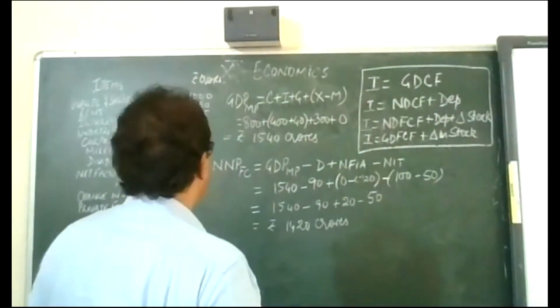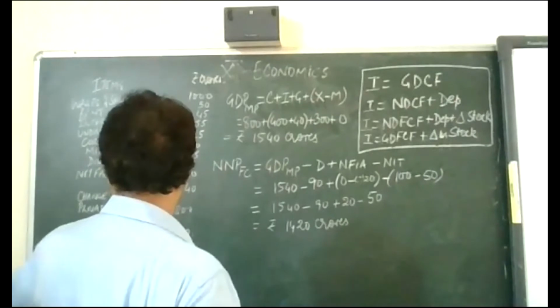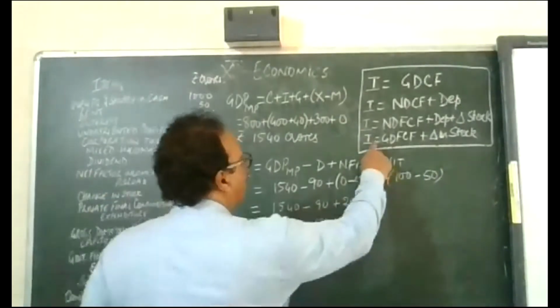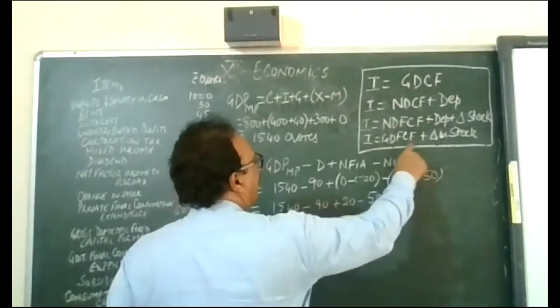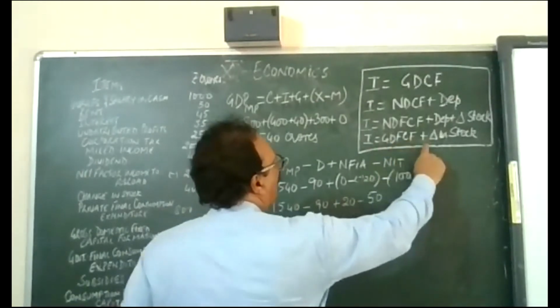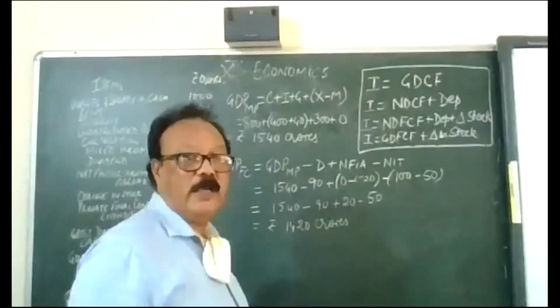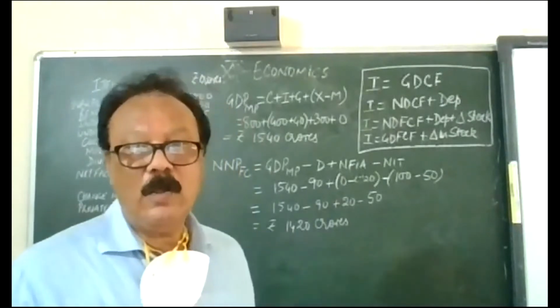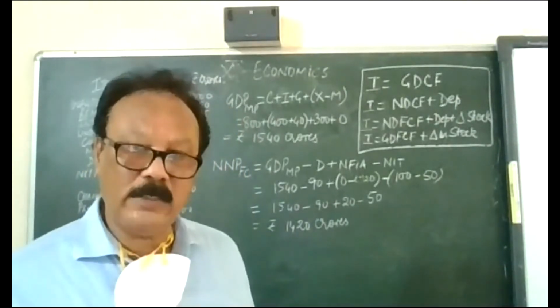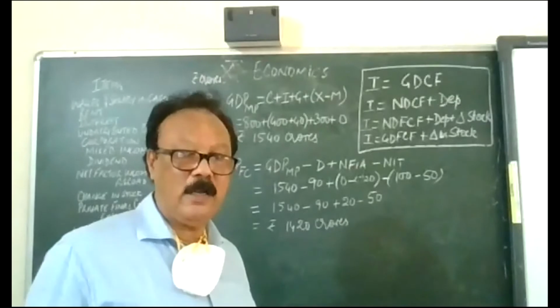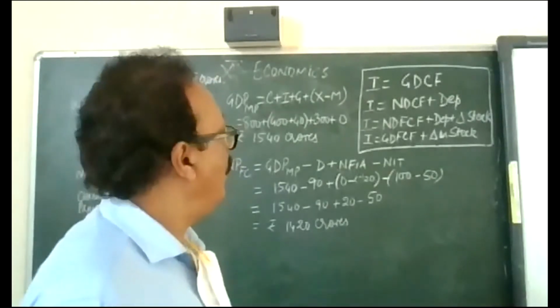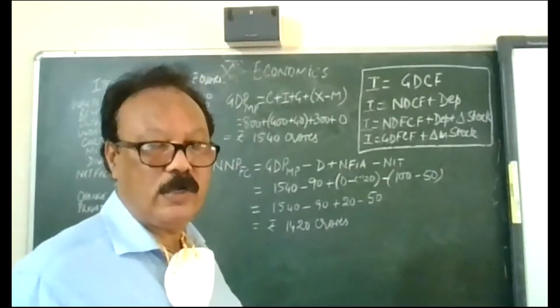When gross domestic fixed capital formation is given, what would we add on? Change in stock. What is change in stock? Closing stock minus opening stock. Sometimes you will get it directly in the question, change in stock. Then you have to calculate the change in stock.